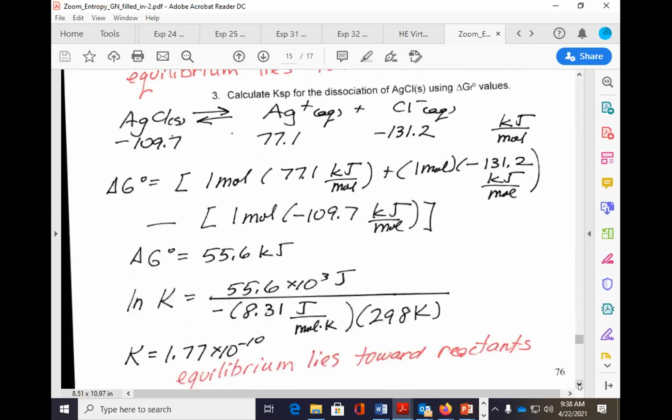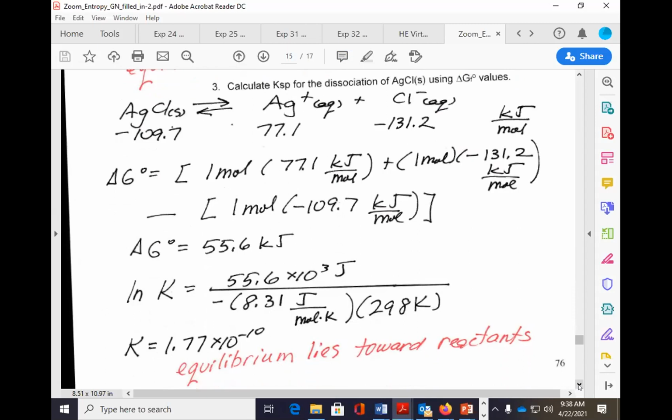It didn't ask where the equilibrium lies, but I just wrote it in for my own benefit.